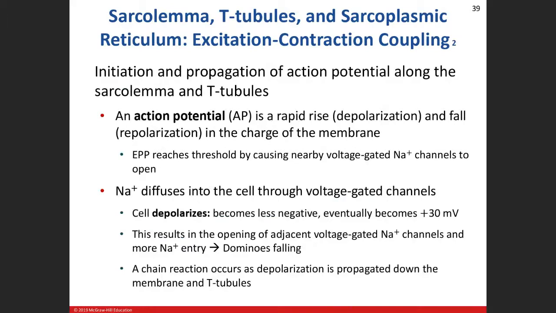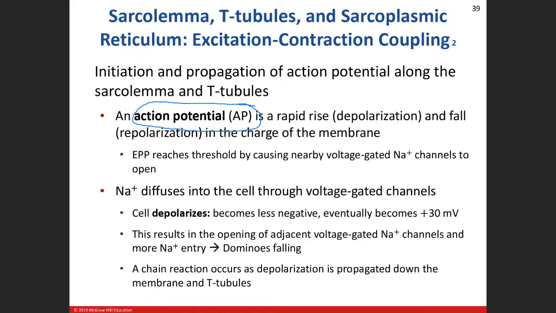So again, our goal is to get to that threshold value. Once that happens, then guess what? Bang, we got our action potential. So how do we get an action potential? We have to depolarize that cell, make the inside of that cell more positive. Here's how it happens.